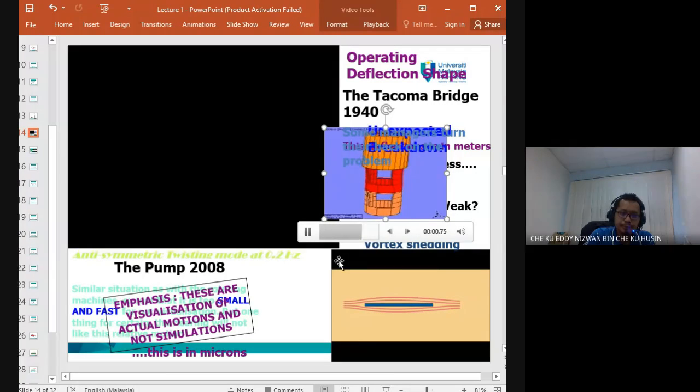Okay. This we call an operational deflection shape, which amplifies the motion to see how the motion is, and relate it with the natural frequency. From there you can suggest the solution. For example, you use a motor as a prime mover. For this application there is no speed controller, which means you cannot control the speed.